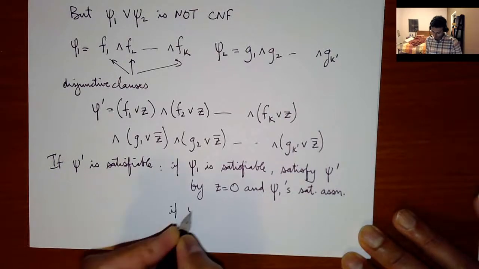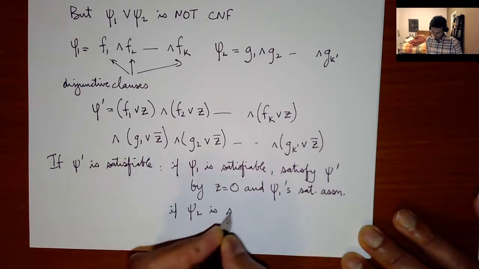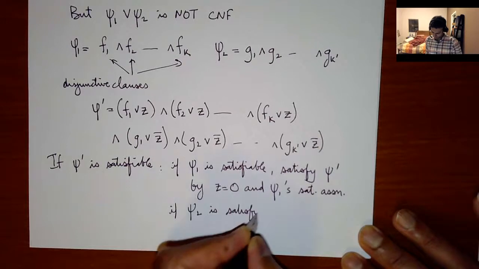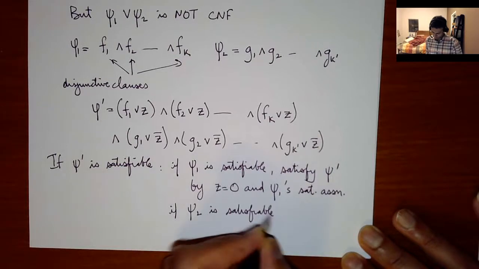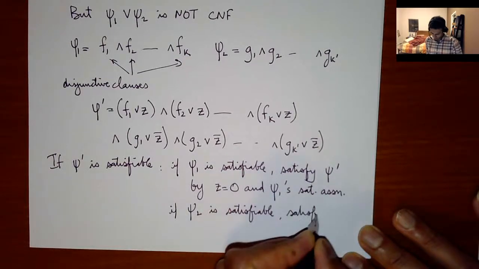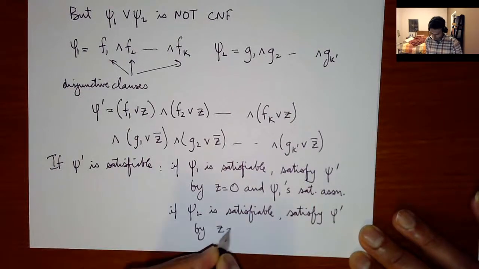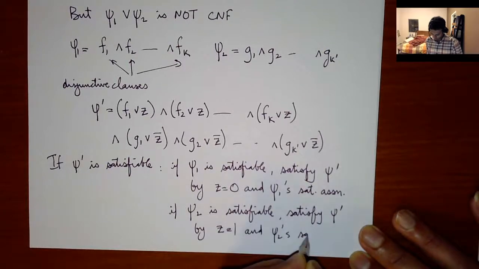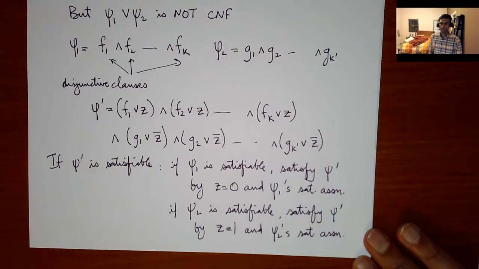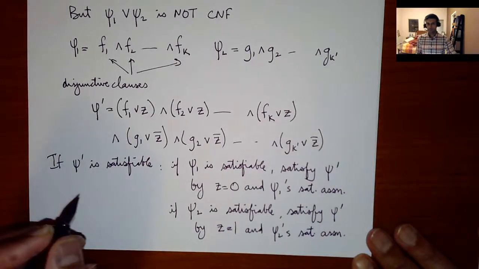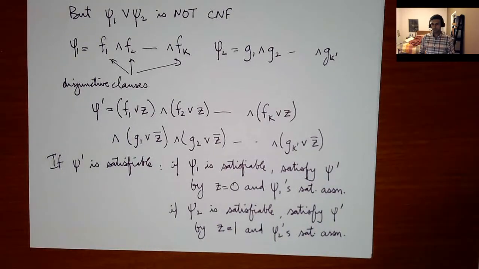If C2 is satisfiable, then you satisfy C prime by setting z equal to true and C2's satisfying assignment. Okay?